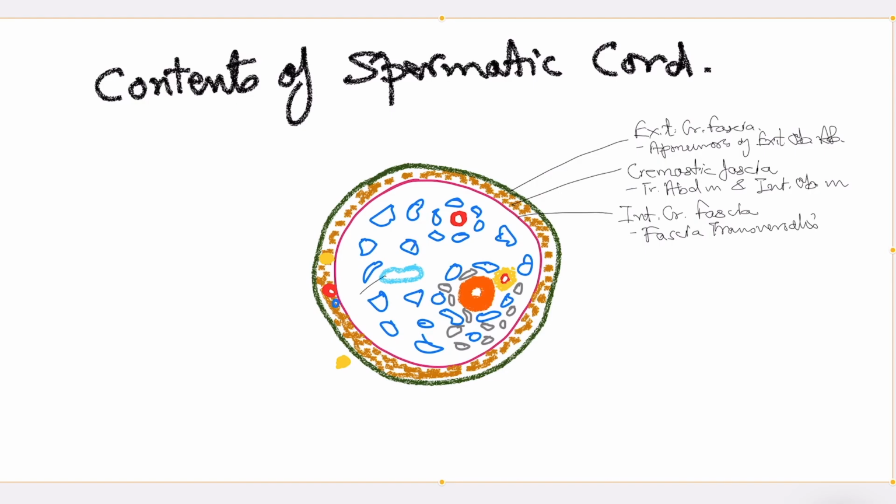There was one more structure which was running within the spermatic cord right from the deep inguinal ring, and this was processus vaginalis, which is a derivative of parietal peritoneum. Then what was this thick muscular tubular structure? This was vas deferens or ductus deferens.